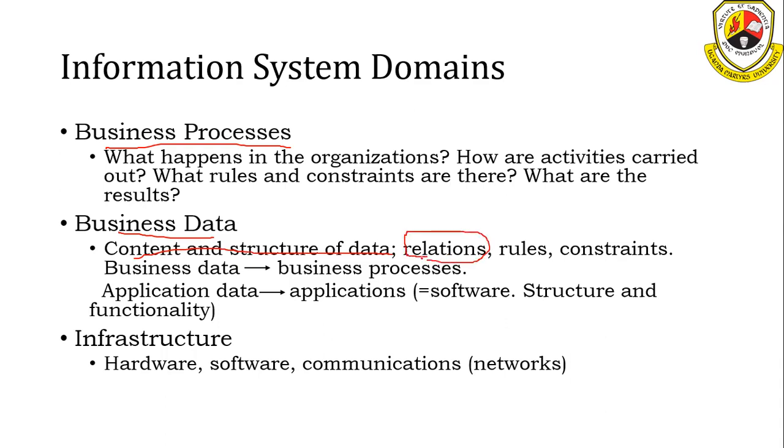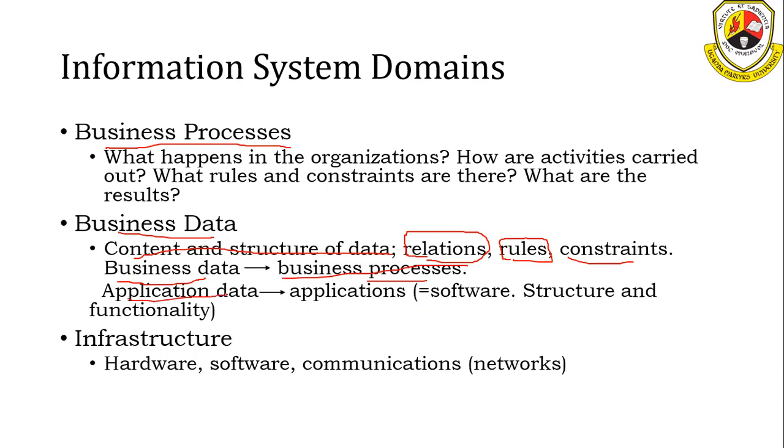I think by the time we're talking about these, you're already seeing things like UML coming in and so on and so forth. What are the rules? Who accesses this data? Who shouldn't have access? These are the constraints. Business data, that means the business processes. What are the business processes that are carried out? So this is the business data.